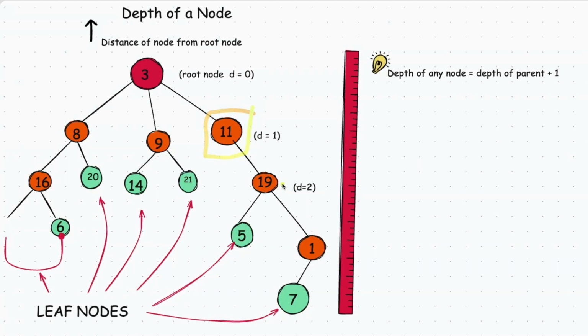Let's say we are calculating the depth of 19. The depth of its parent 11 is 1, so depth of parent plus 1 becomes 2. So the depth of any node is equal to the depth of its parent plus 1. The depth of 19 is 2 till it reaches the root node.